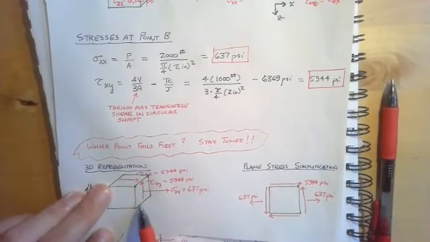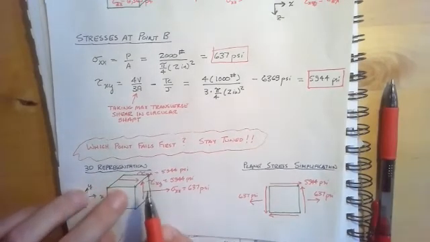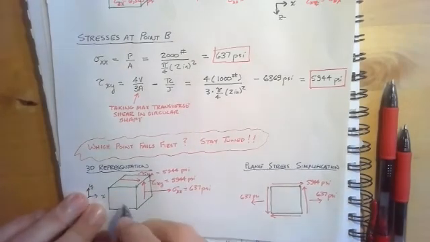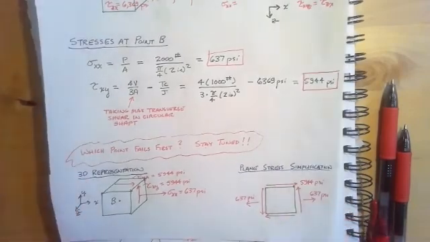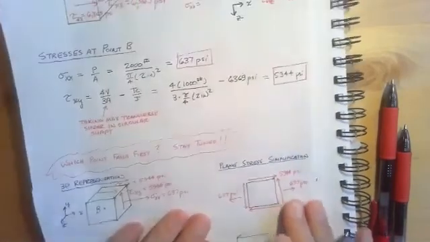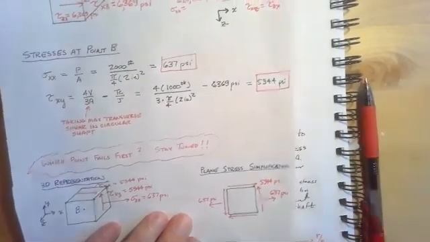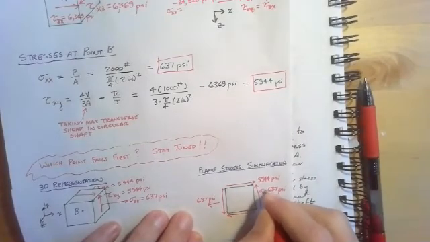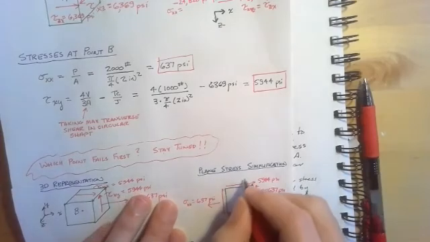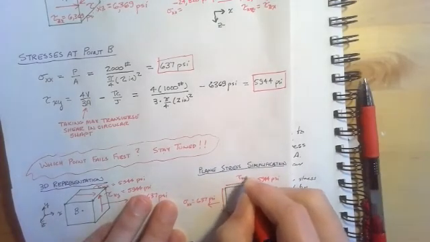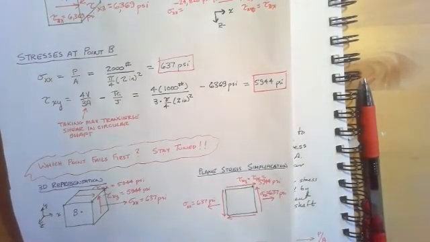And then I would have complementary shear stresses that have to be equal, but the couple moments have to act in the opposite sense about the center of the cube, which is located at point B. And if I was to just view this where the z-axis is coming out of the board, I could once again have a plane stress simplification, and I would have sigma xx equal to 637 psi, and then tau xy equals tau yx equals 5944 psi.